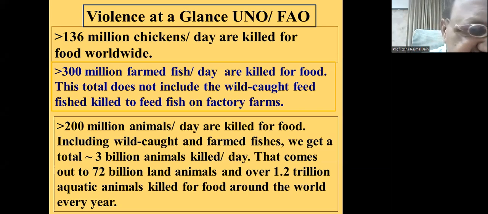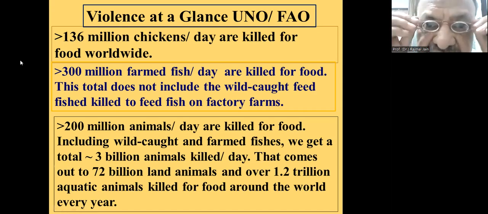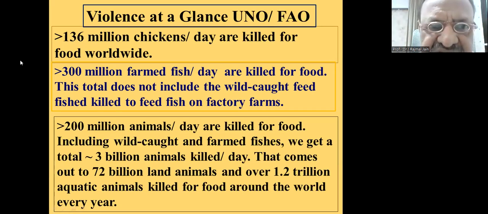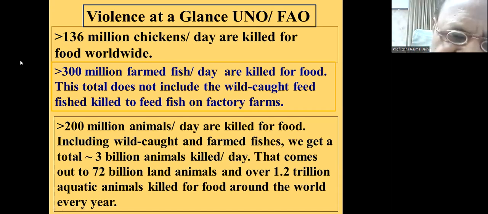Similarly, friends, you will be surprised to note that more than 300 million are the fishes, that is farmed fish, in some kind of an area where they are stopped, preserved, and then they are killed every day. So more than 30 crore fishes per day are killed for food again.